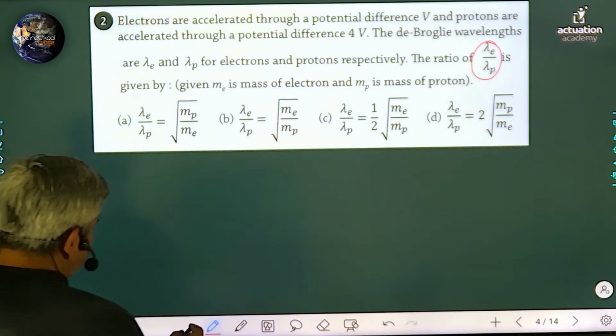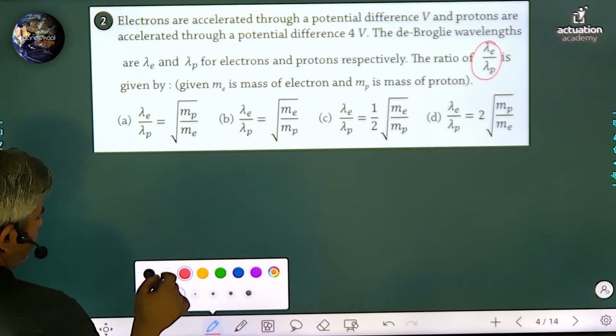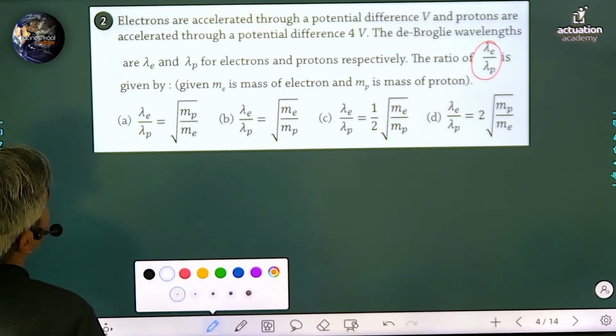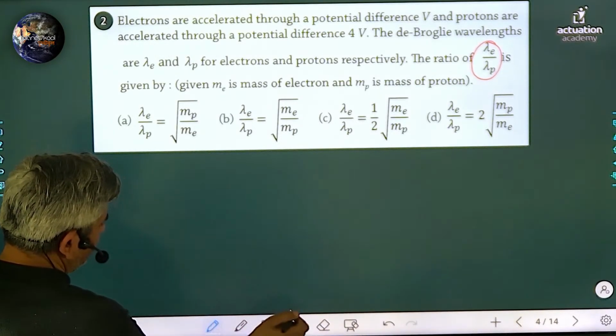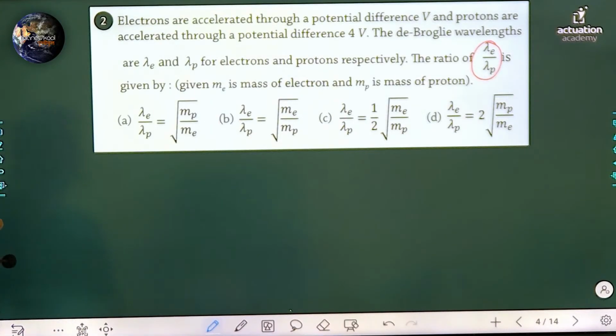So what the question says to us, we have electrons and protons, both accelerated by V and 4V volt.